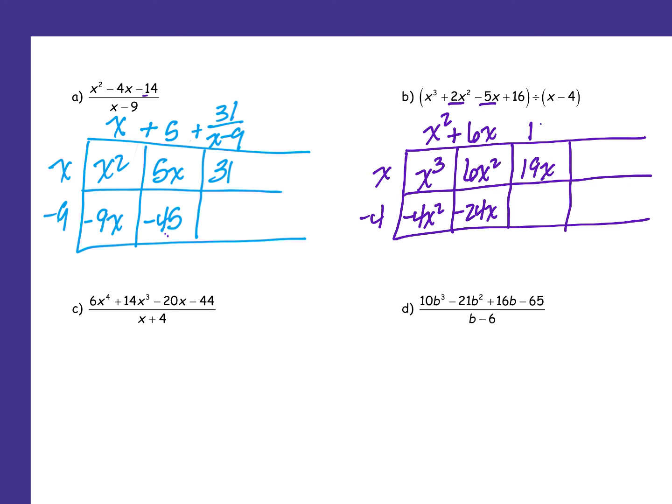And then multiply by 19. And 19 times negative 4 is negative 76. And what do I add to negative 76 to get positive 16? 92. So plus 92 divided by x minus 4.